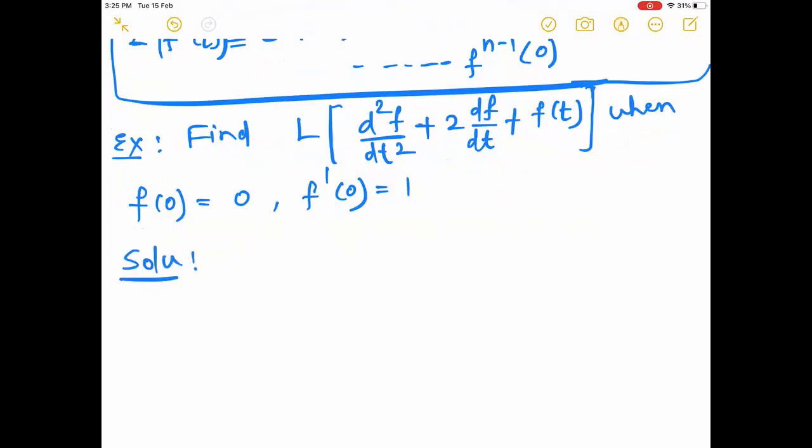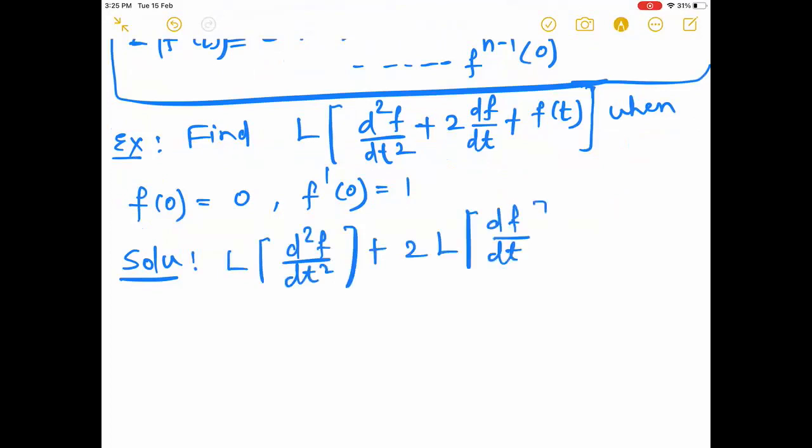Okay, so as per the linearity rule, separate all the terms and take separate Laplace transform of each term. So this is the Laplace transform of f double dash plus 2 times the Laplace transform of df by dt plus the Laplace transform of f of t. And now here we have to use the second derivative result.